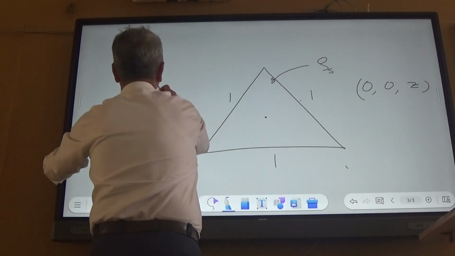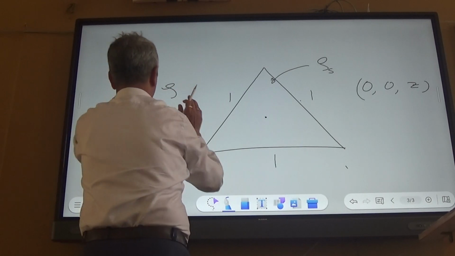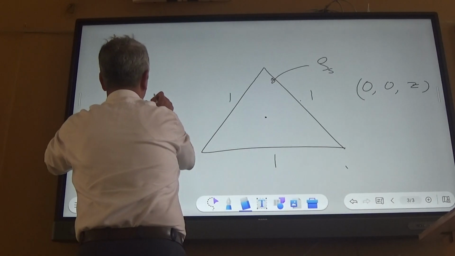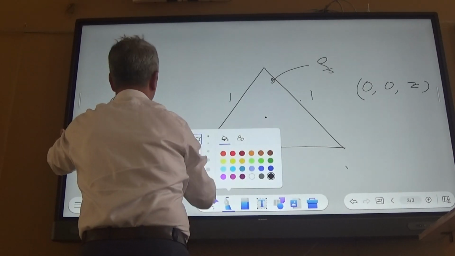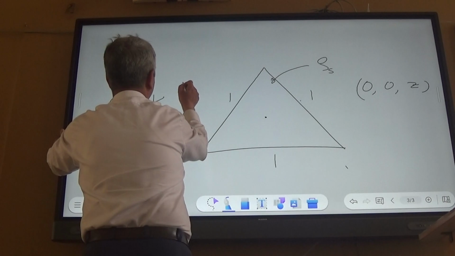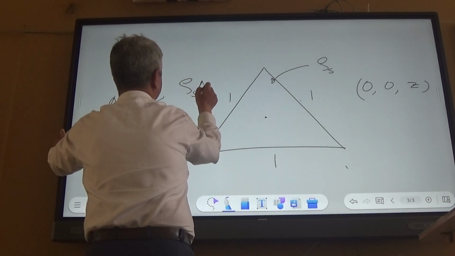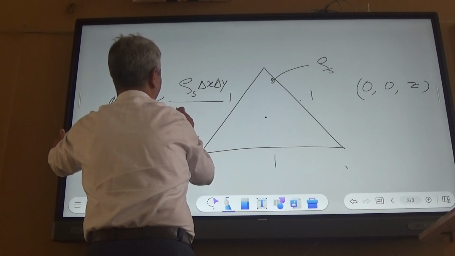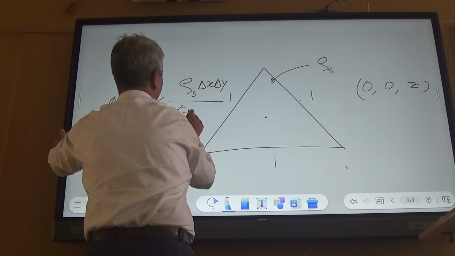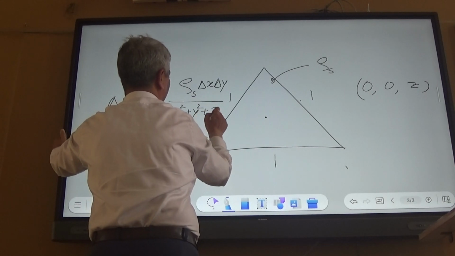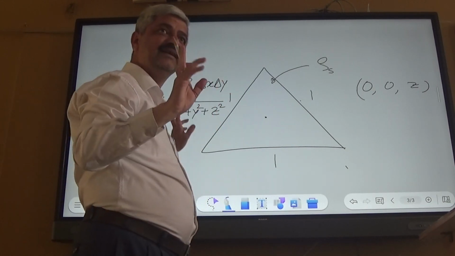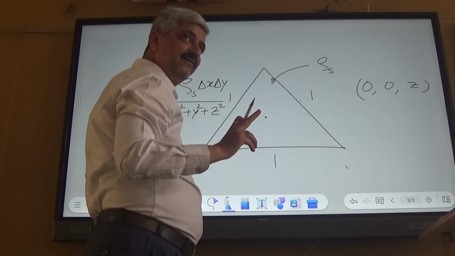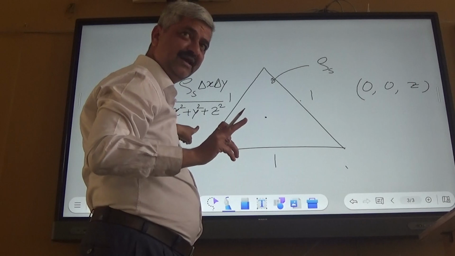Now you have to use k here, because k is 1 upon 4 pi epsilon. So mod delta E is k rho s delta x delta y upon x square plus y square plus z square. Right? Is it okay? And what is k? Charge upon distance square.